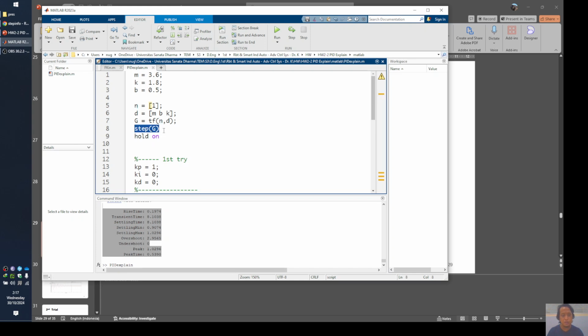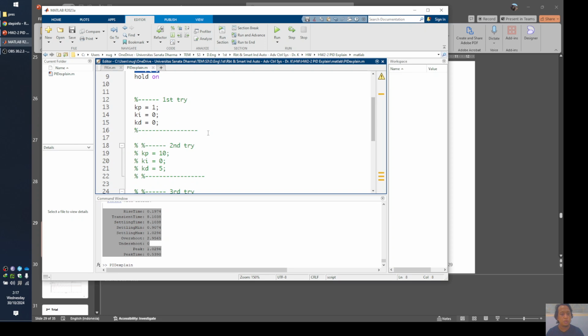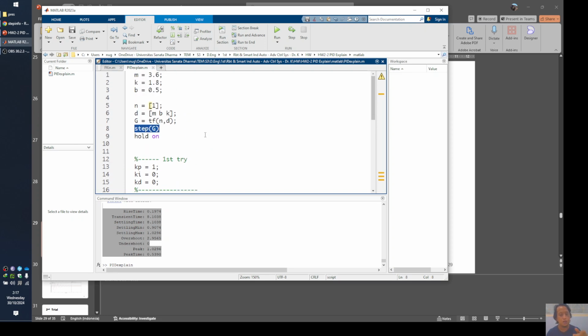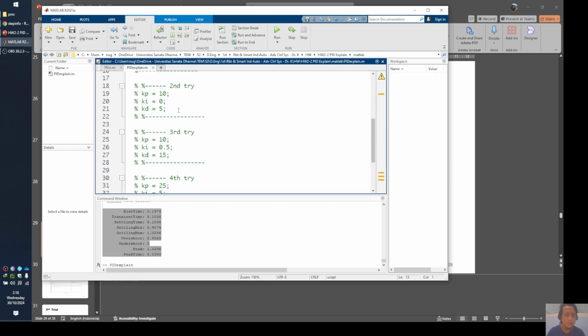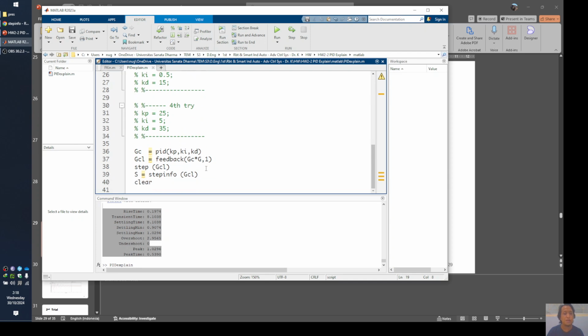Then we plot the step response of G in figure two. I will show four trials. The first one has Kp of 1, Ki 0, Kd 0, the proportional, integral and derivative gains. For the second try, Kp is set at 10, Ki 0, Kd 5, and so on. Then we have the feedback like this one.